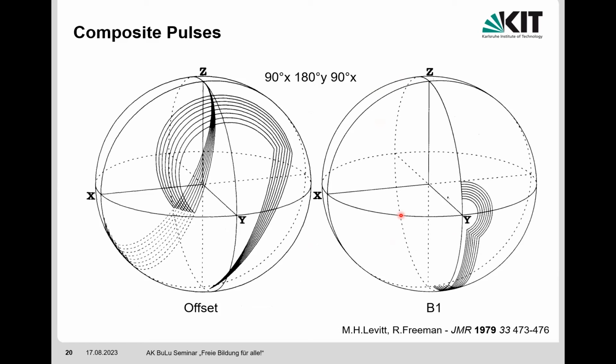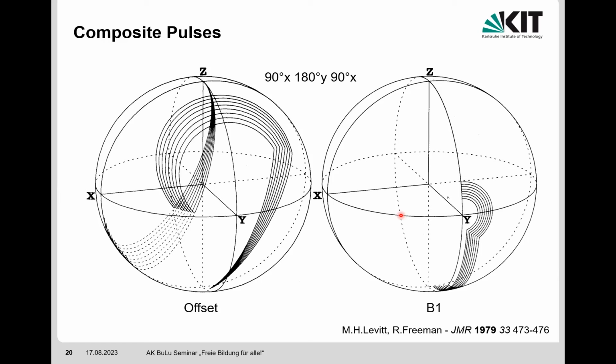Just a bit later, Malcolm Levitt developed the idea that Ray Freeman actually named the composite pulse. I don't know if you're familiar with these composite pulses. The very first composite pulse is 90 degree X, 180 Y, 90 degree X. I think it's easiest to see like the B1 inhomogeneity that is being compensated, when you transfer magnetization from Z to X, for example, then you start with, let's say, 5 spins that have different positions in an NMR tube.